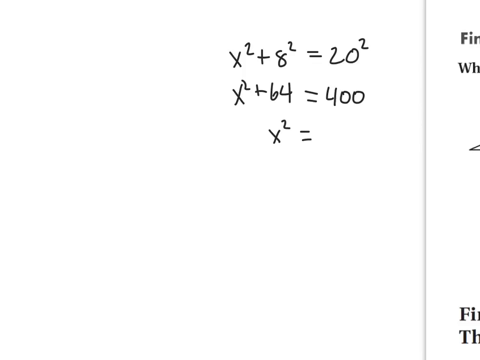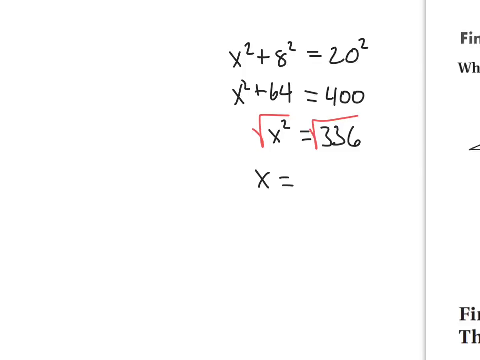What do we get? 336. All right, cool. Now I've got to solve for x. I'm going to take the square root of both sides. And if you take the square root of 336, that does not come out to be a nice perfect square. So that means we have to reduce it.